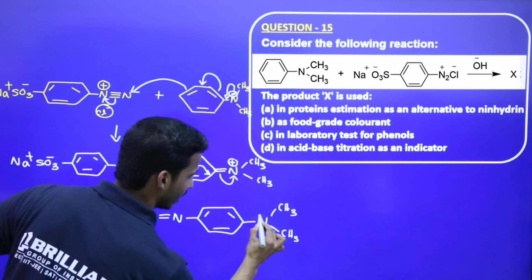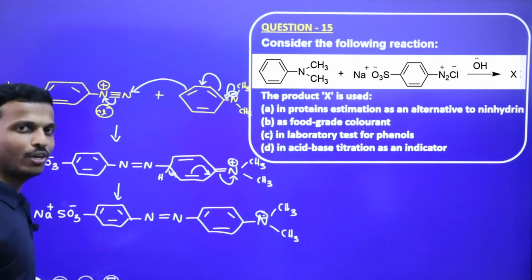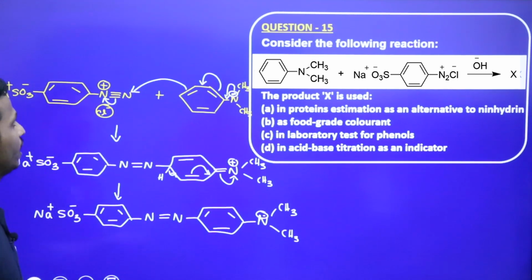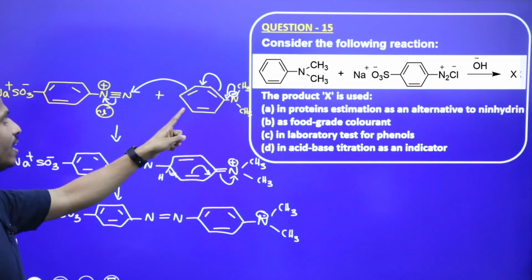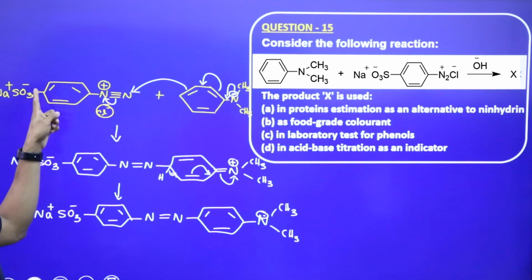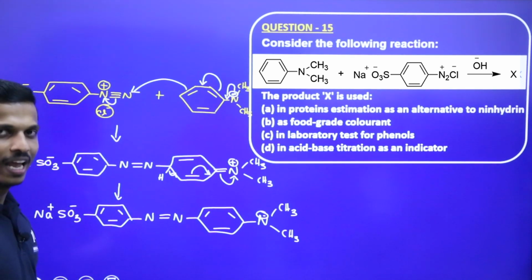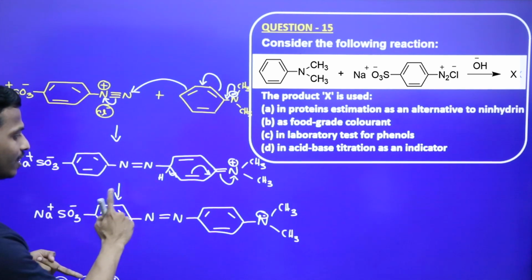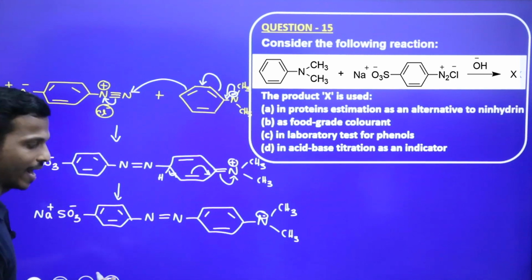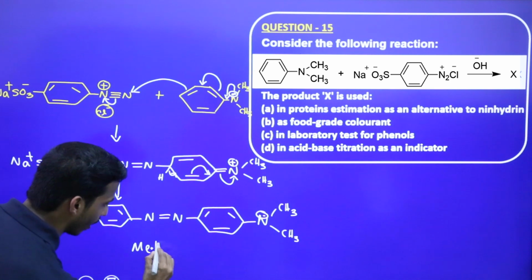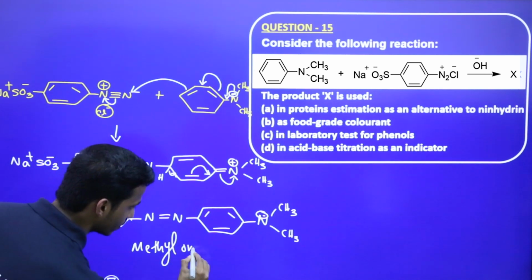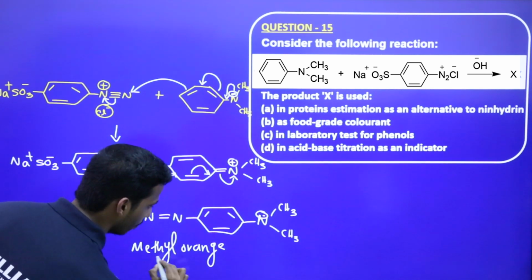This is the compound you are getting. And student, during this coupling reaction between N,N-dimethyl aniline and a diazonium chloride of the sulfanilic acid group, it will undergo coupling and this resultant compound is known as methyl orange.